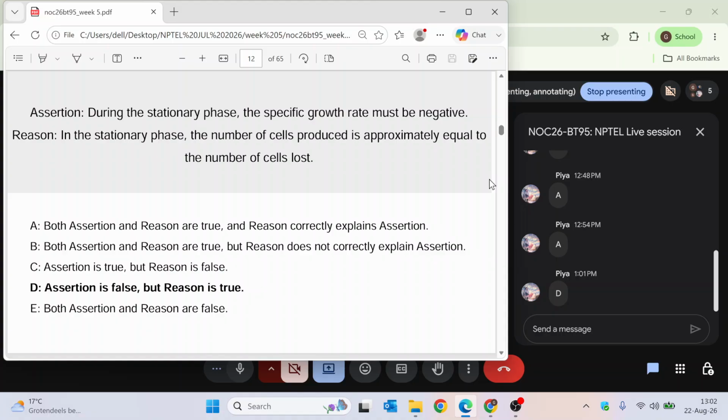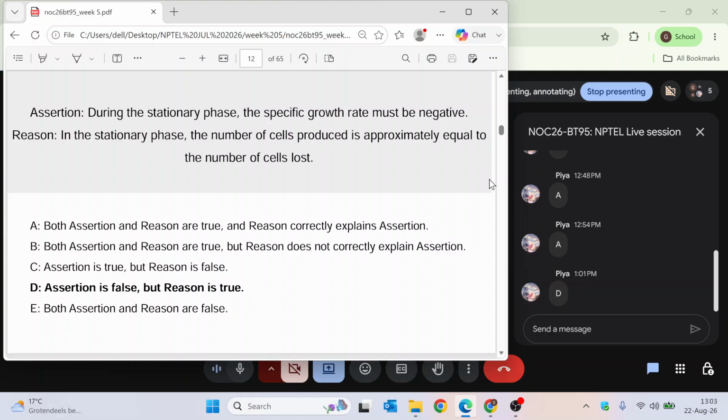In the stationary phase, the number of cells produced is approximately equal to the number of cells lost, because there is going to be this substrate depletion starting. So there is going to be substrate scarcity, and simultaneously toxic waste buildup is also going to be there. So with whatever substrate is available, some cells may divide and produce new cells.